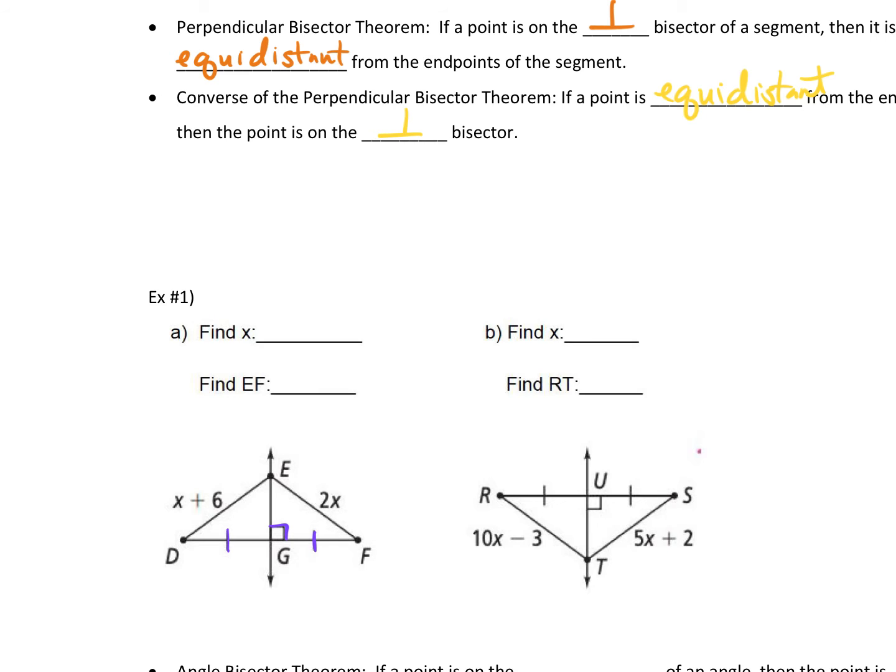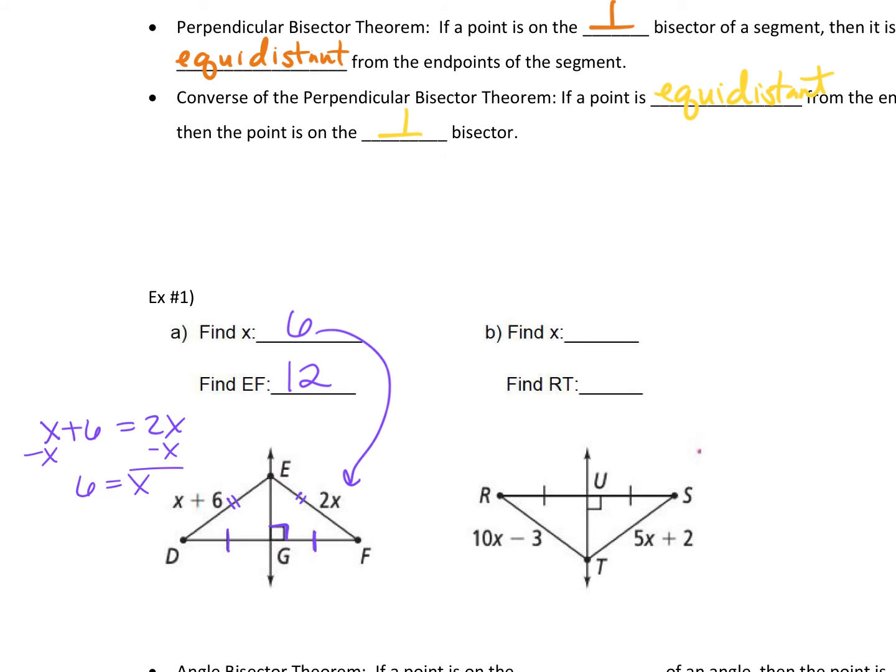Do you want to know a little hint? You're going to set a whole lot of things equal today. This is equal to that because E is on the perpendicular bisector. So we can say X plus 6 equals 2X. So take away the X and X equals 6. So then what is EF? 12. Plug the 6 in. 2 times 6 is 12.